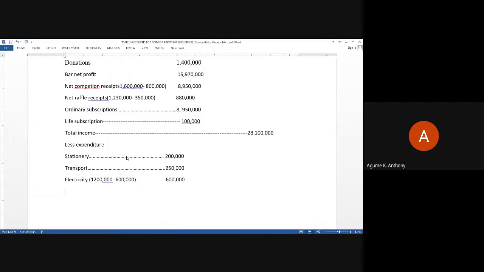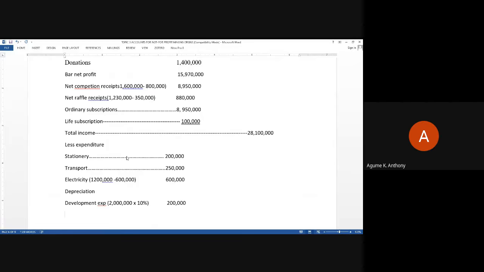Then I will have depreciation, and I will begin with development expenditure. So they're using straight line, so it was going to be 2 million times 10%, and that is 200,000.